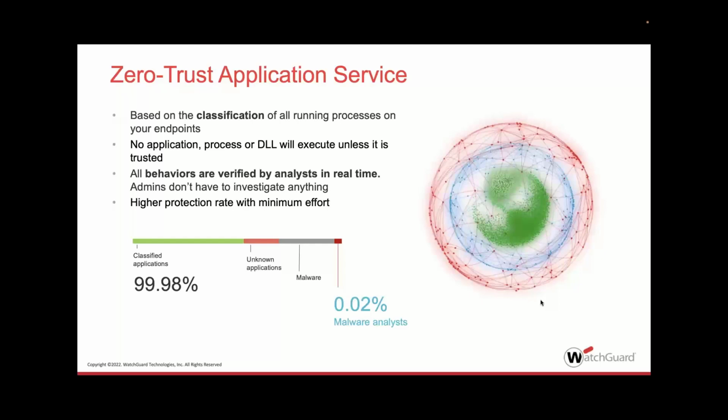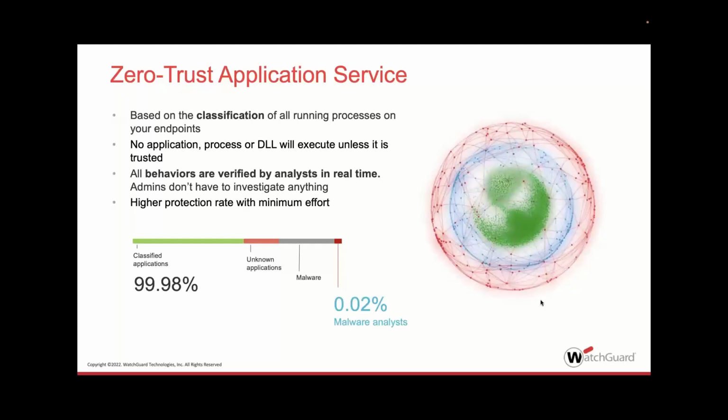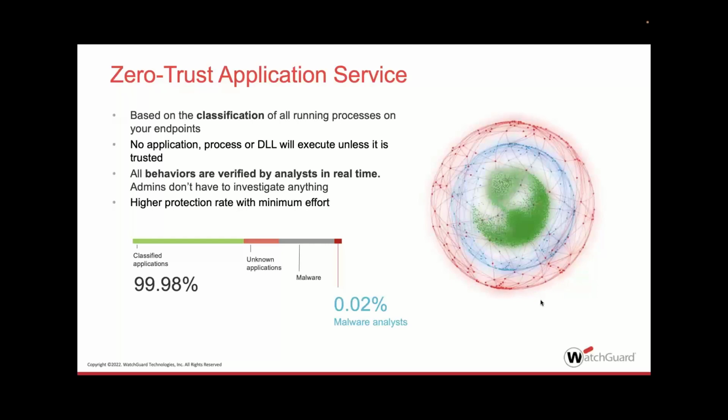There are actual analysts that will reverse engineer the code, sandbox it, do static analysis, and all of that will be delivered as a service. All the rest of the service and all of the automated analysis that's performed on the file is performed outside the endpoint.